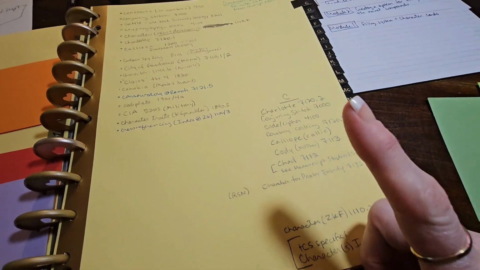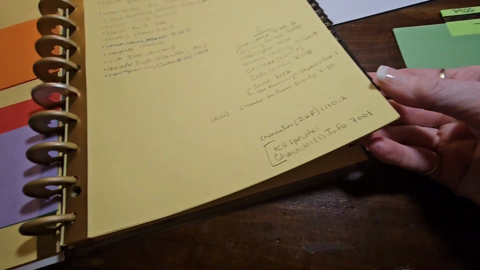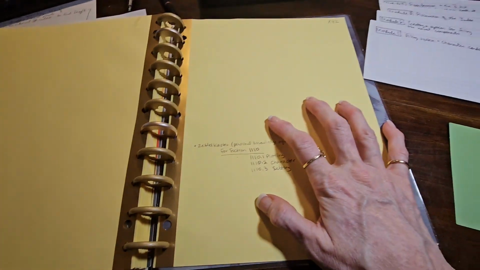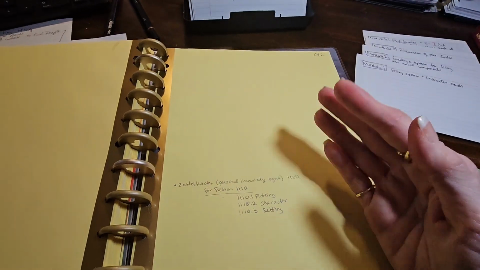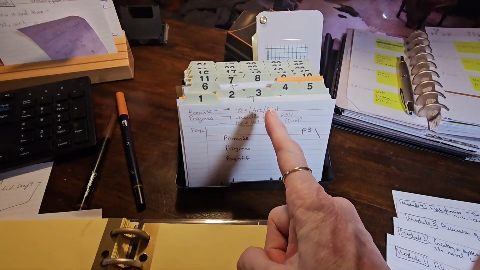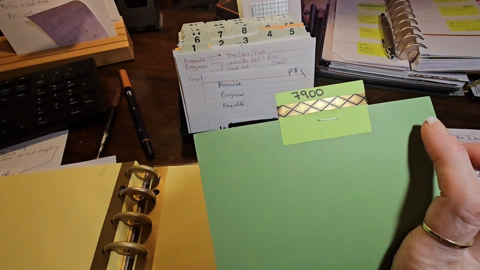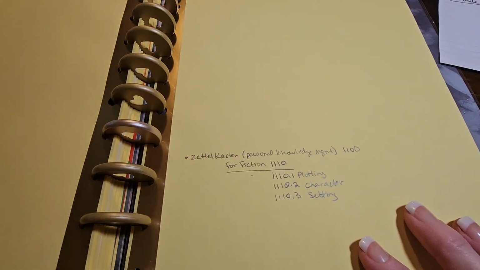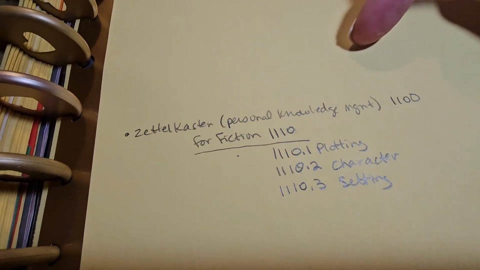The one I want to take you to, however, is what I just did right before I started filming. I went over to my Z tab because I was thinking Zettelkasten for Fiction, where imagination finds order. Where am I going to file the cards that I'm using to write this book, right? I was going to use 7900. Au contraire. When I came over here to my Z index tab, check it out.